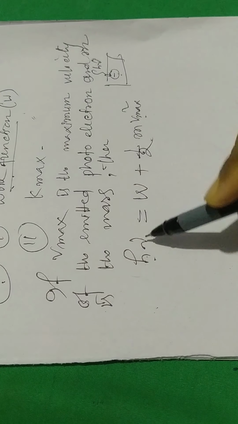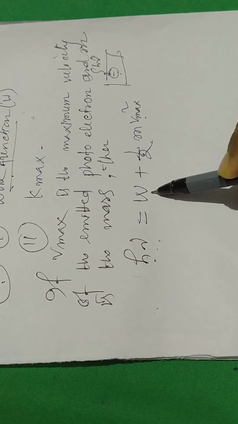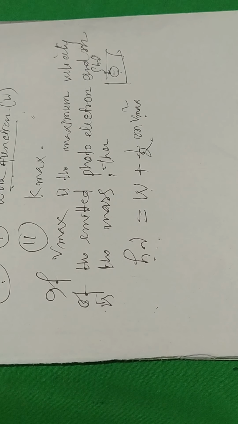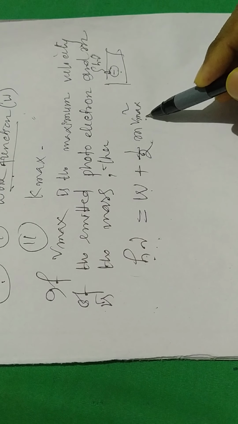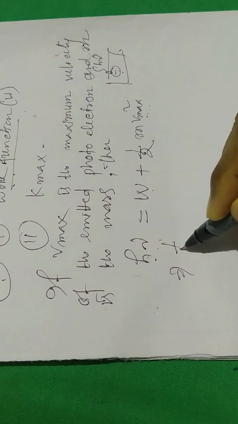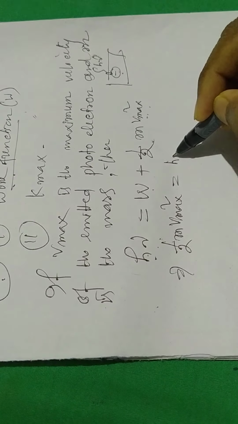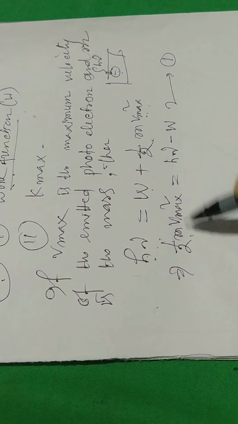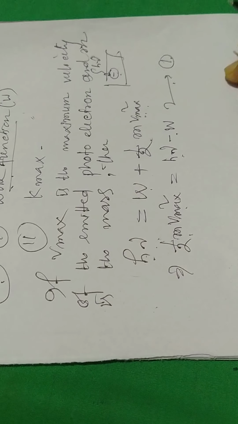So this is Einstein's photoelectric equation. We can write it this way: half m Vmax square equal to h nu minus W, equation number 1.